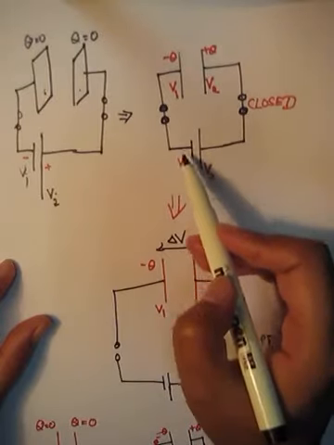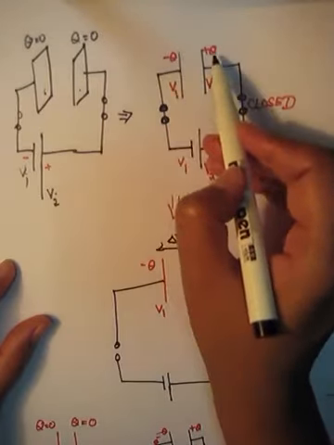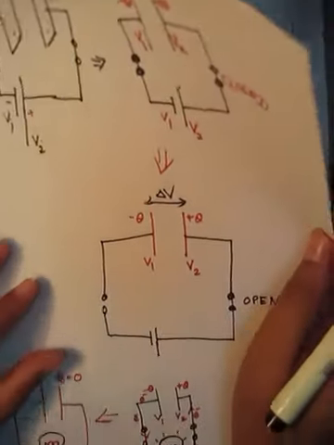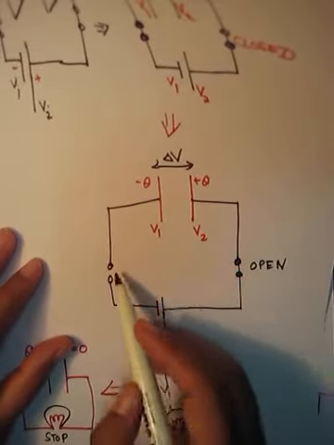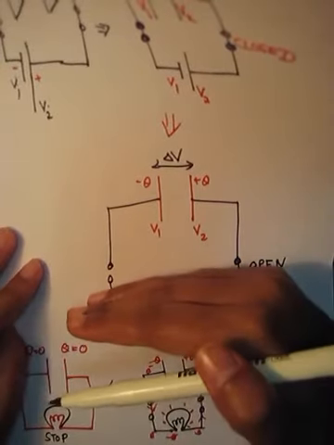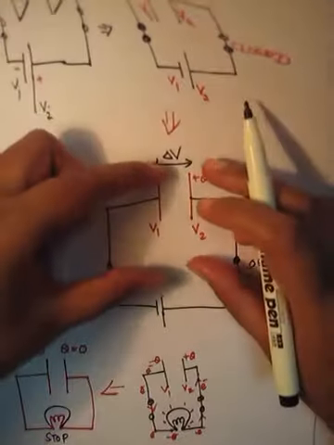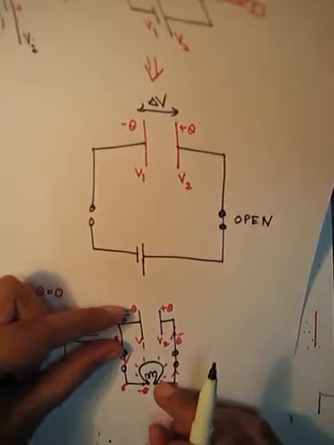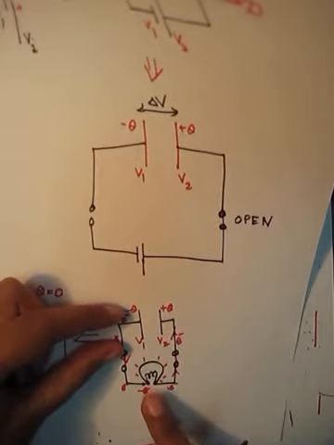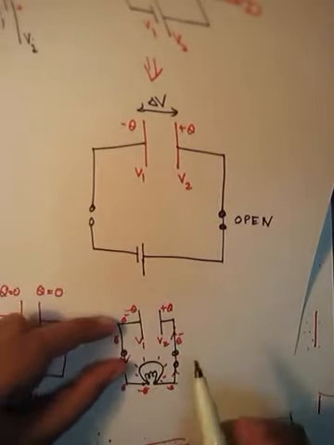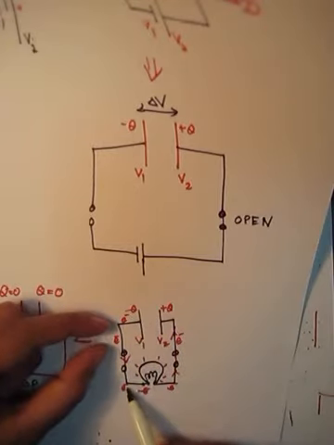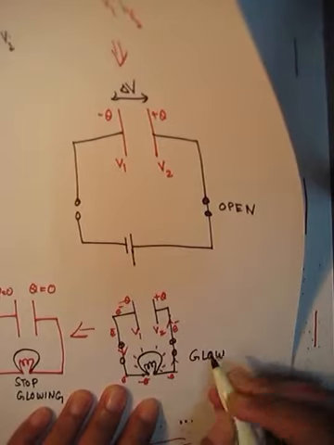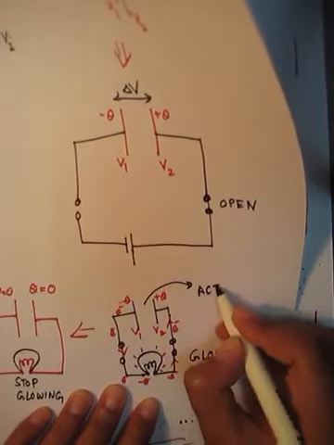Now it is attached to this battery, it will acquire a charge of minus q, plus q, potential V1, potential V2. Now you open these switches and remove this capacitor and attach it to a bulb. It has some charge, so this charge will flow through this bulb and this bulb will glow, and this capacitor will act like a battery.